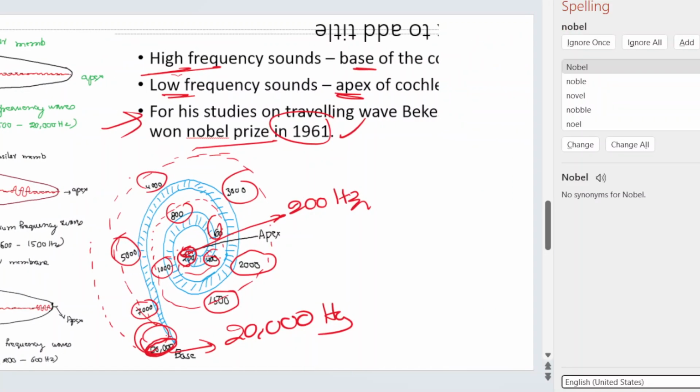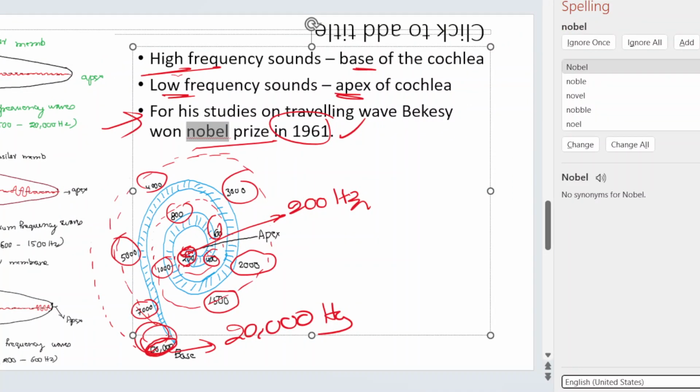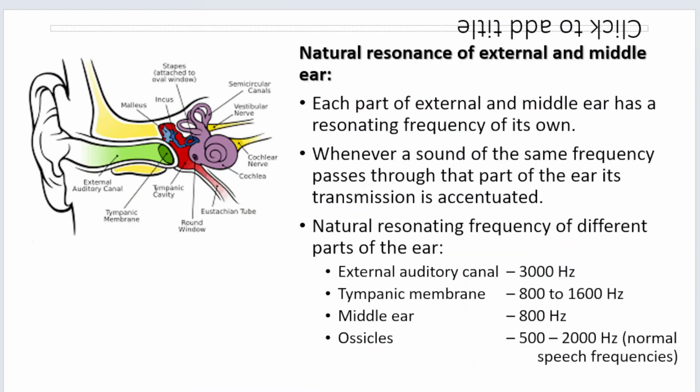Okay, now coming to the natural resonance of the external and middle ear. Now we understand what it means by resonance, right? Each part of the external and middle ear has a resonating frequency of its own. The external auditory canal has a different frequency.